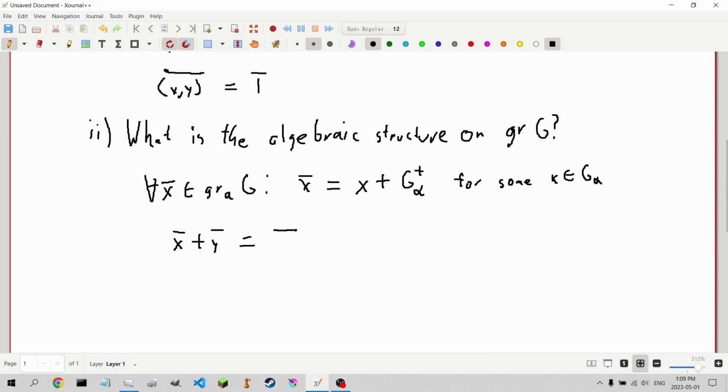So this is just xy, which is equal to xy plus G alpha positive. I'm going to say x and y are both in G alpha. If they're not, then essentially they're in different subsets of that direct sum we have, and so they just don't interact, they just slot into different components.